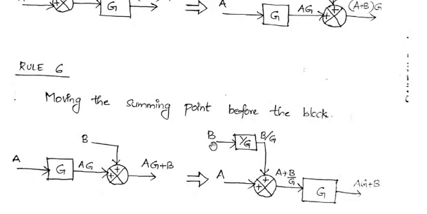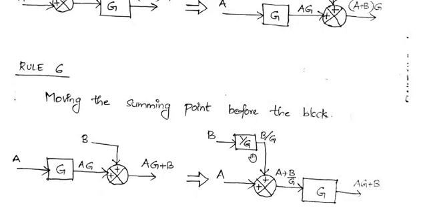So what we do is B is applied to a block with the gain 1 by G. So that will produce signal B by G. That B by G is applied to the summing point, then the summing point will give A plus B by G. Now this A plus B by G signal will move through the block with the gain G. So A plus B by G will get multiplied with G, and that will finally give AG plus B, right?